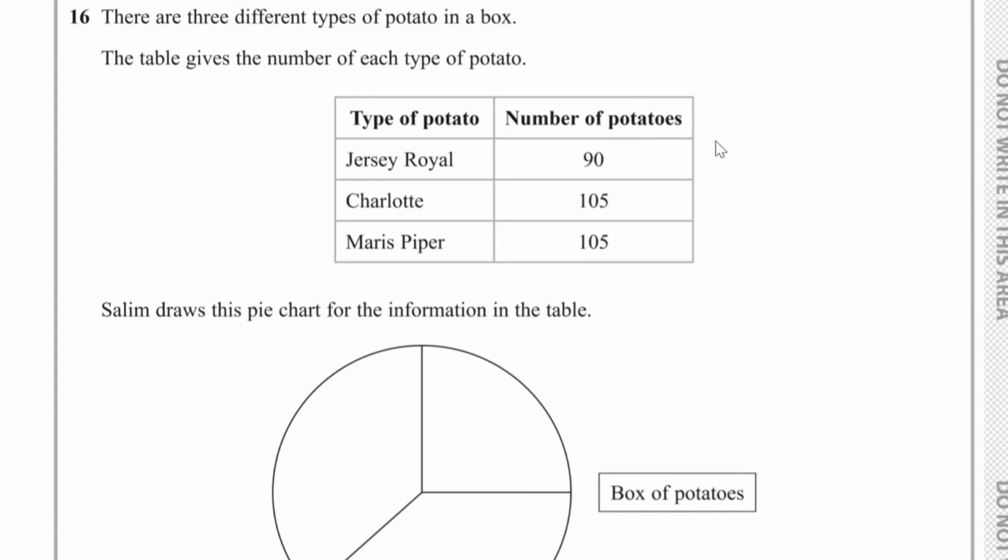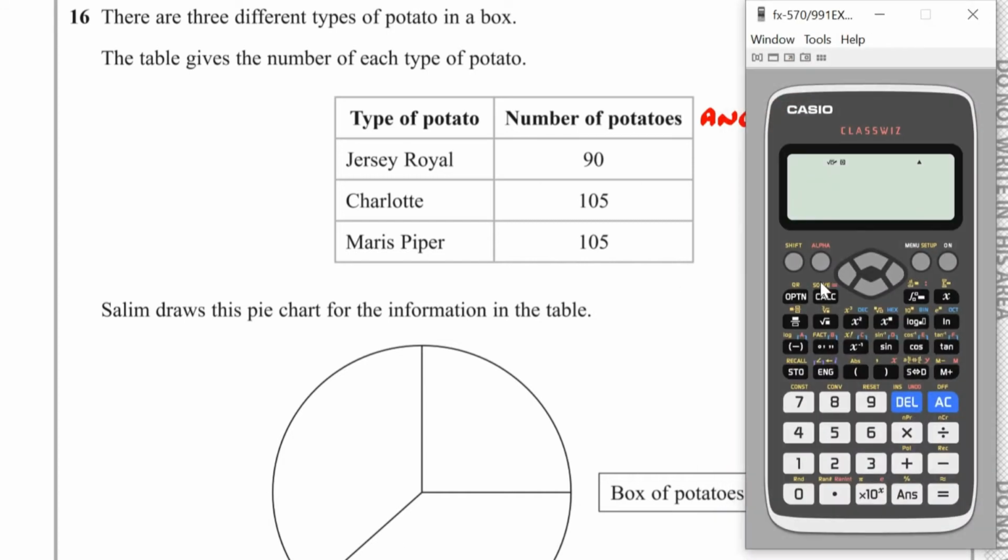The next thing we need to do is work out the required angle. Now in total, 90 plus 105 plus another 105, that's 300. So the angle for Jersey Royal will be 90 over 300 multiplied by 360, which is equal to 108.